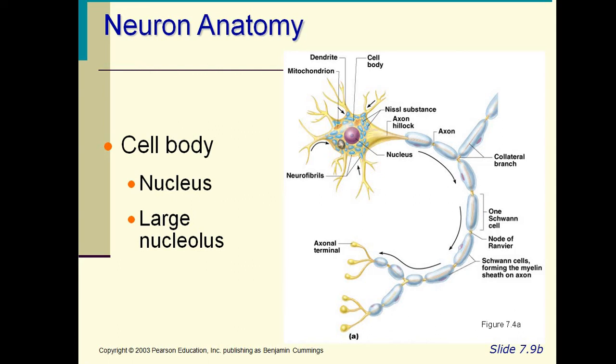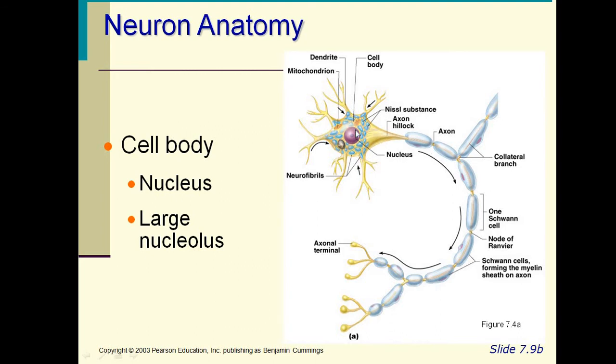When you examine the parts of a neuron, neurons vary in size, shape, and structure. All neurons have essentially three parts: the dendrites, the cell body, and the axon.